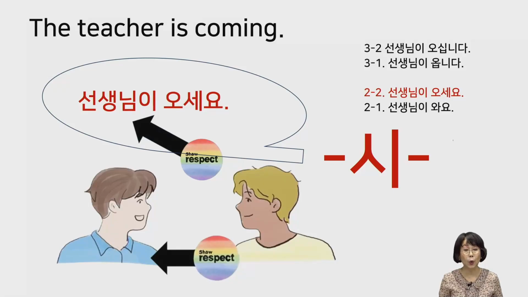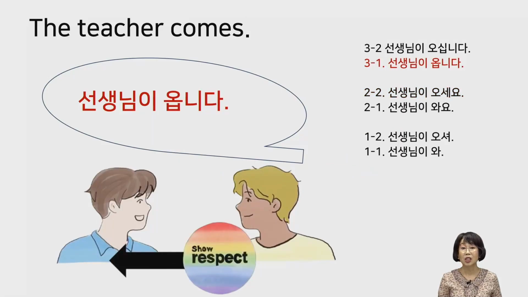선생님이 오세요. The 요 ending shows respect to the listener. 오세요: 시 can express respect toward the subject of the sentence. 선생님이 옵니다.